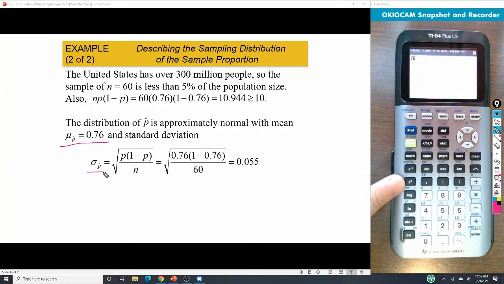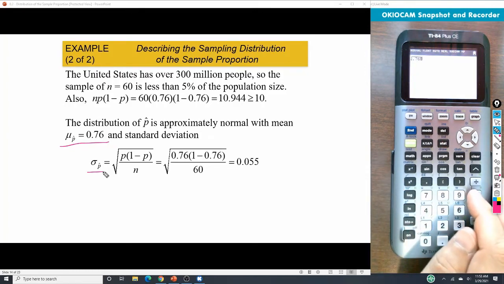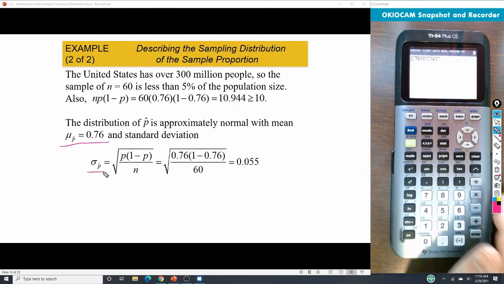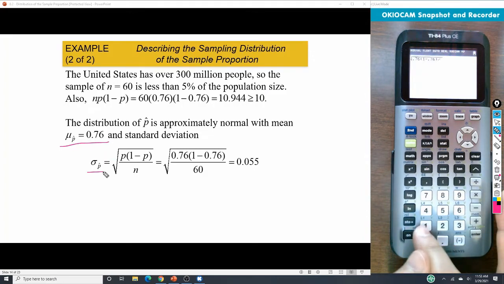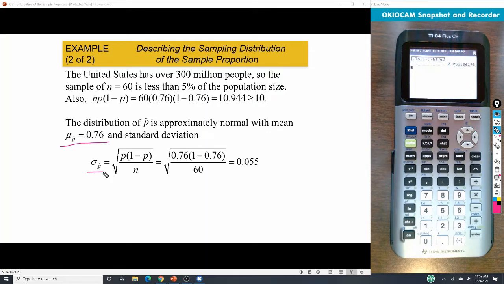Then we do 0.76, open parentheses, 1 minus 0.76, close them, divided by n, which is 60, and press enter. We get 0.055. And so we can see those pieces there.